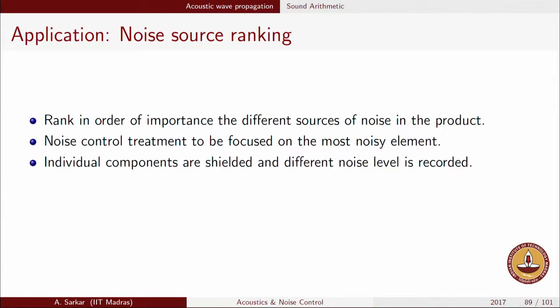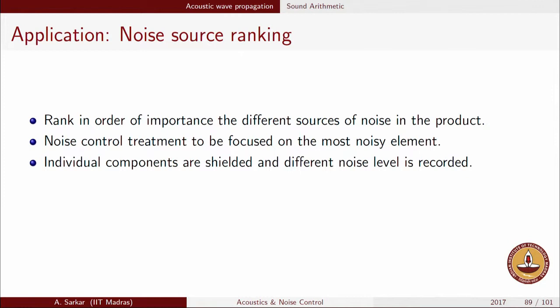So, the process by which the noise from individual sources of the vehicle will be estimated is the following. First we take a measurement of the total vehicle noise, that we call measurement 1, and second time we repeat the same experiment, but this time we clad the product of our interest, let us say the engine, with these absorbing materials as was discussed.